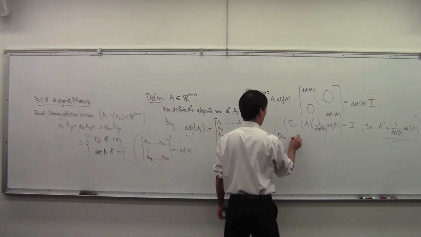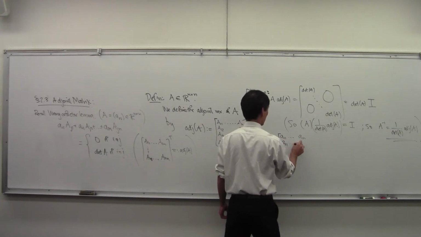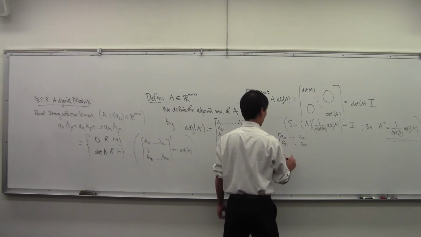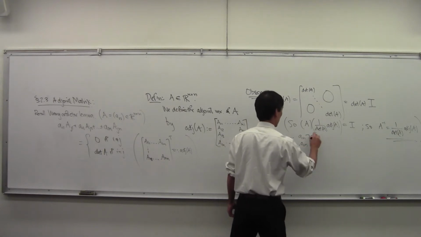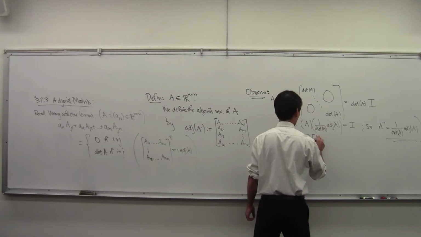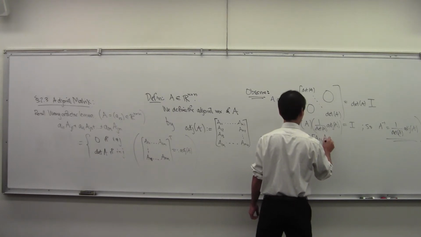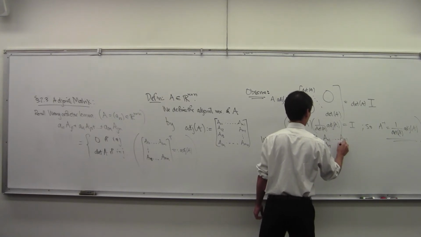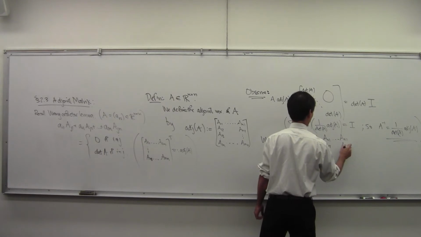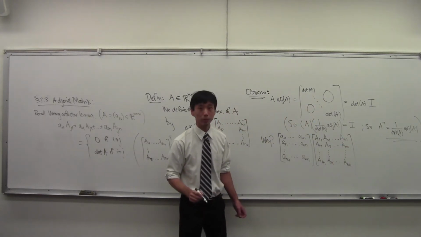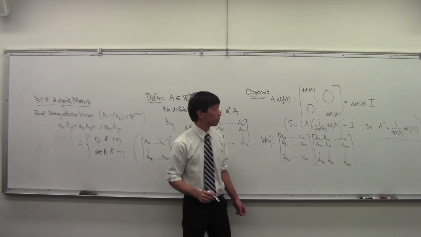If you take your original matrix and multiply it by the transpose of the cofactor matrix, what happens?